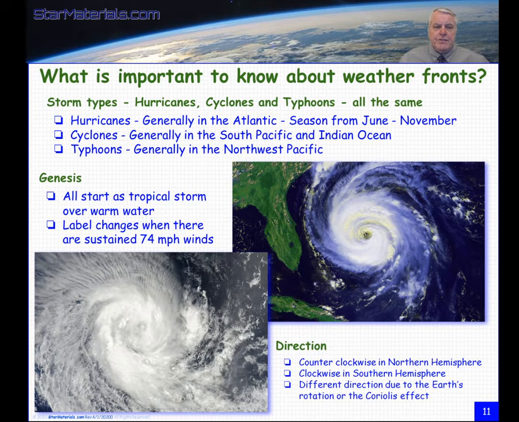Because the Earth is spinning like a top, it does affect the way that the storms form. So in the northern hemisphere, they are counterclockwise, and in the southern hemisphere, they are clockwise, and you can see that they're reversed.